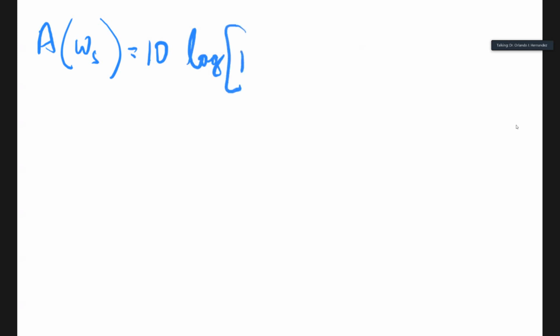As a function of omega, if we go back to the transfer function, the actual polynomial, or an equation that is related to the polynomial and to the amplitude, is using the same expression as before.